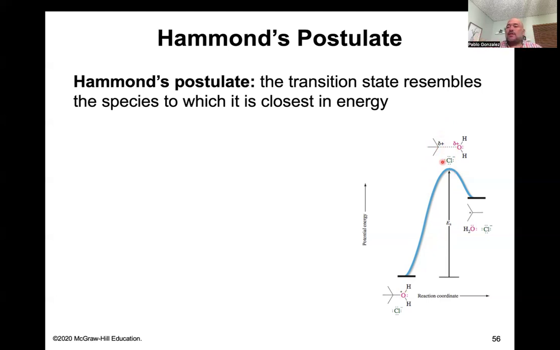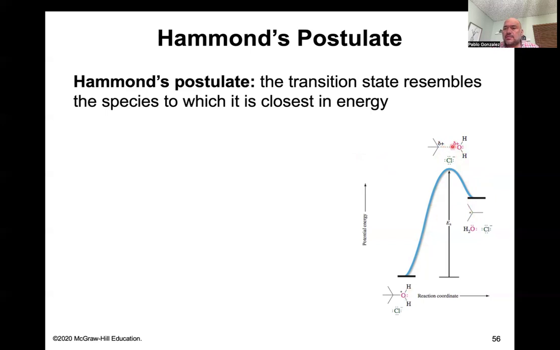If in the previous step you just break bonds, you're going to show those. If you're going to create bonds, you're going to show those as well. You use dashed lines to represent which bonds are being broken and which are going to be created. And this transition state resembles the closest intermediate to it. So it's going to be more like this than like this.